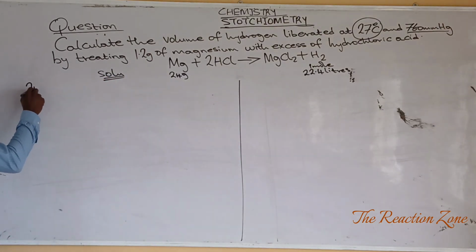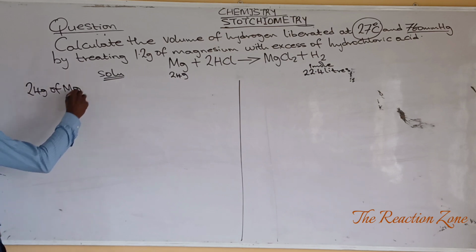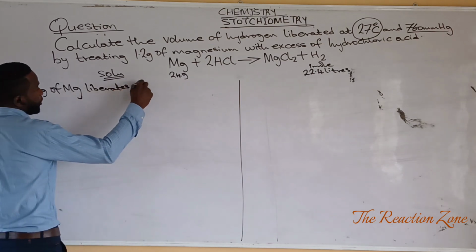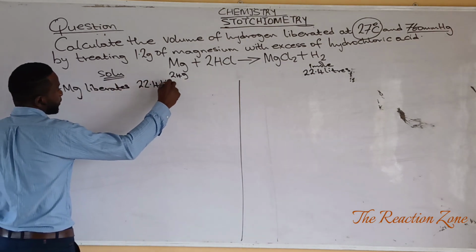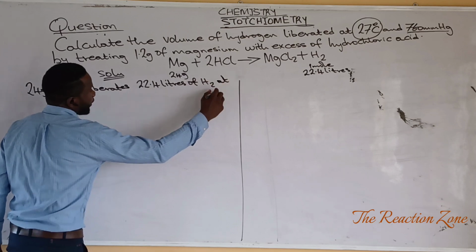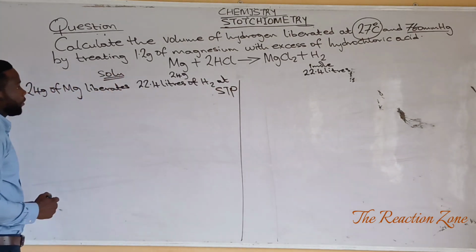So, 24 grams of magnesium liberates 22.4 liters of hydrogen at standard temperature and pressure, STP.